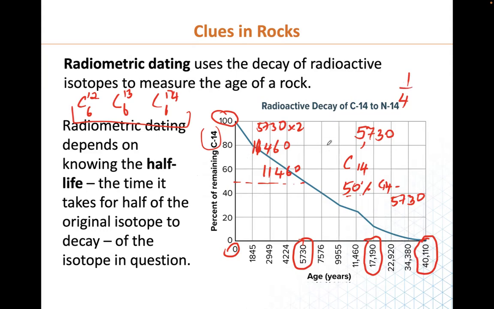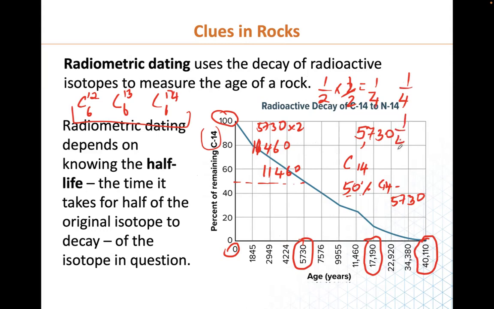What am I trying to say is this. If it takes 5,730 years for half of carbon-14 to break down, then 1/2 times 1/2, which is 1/2 squared, gives 1/4.